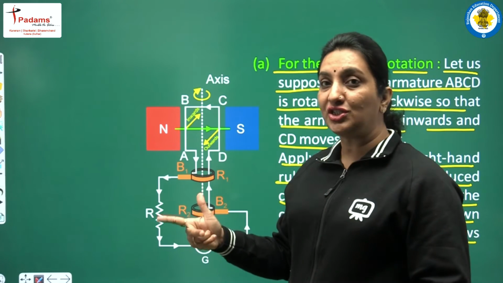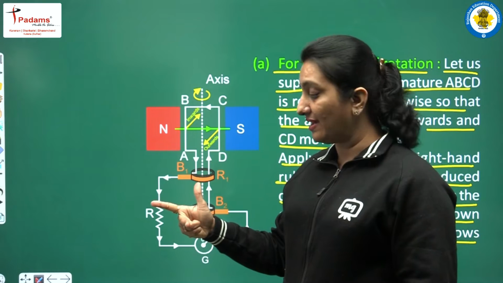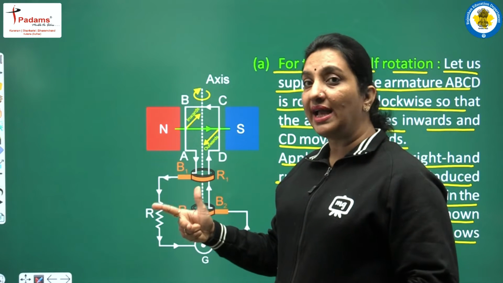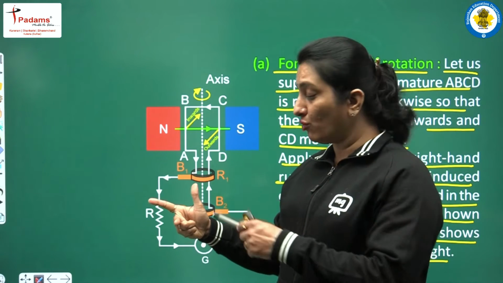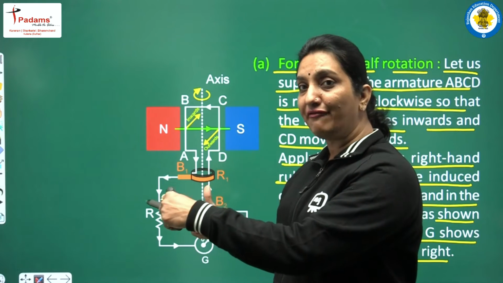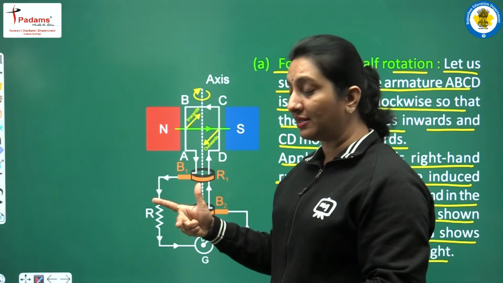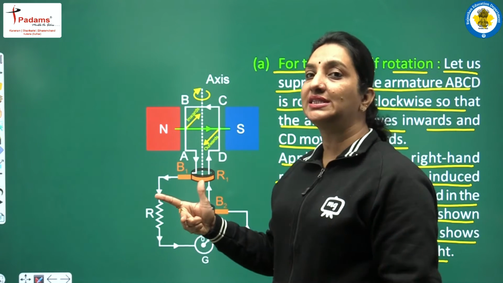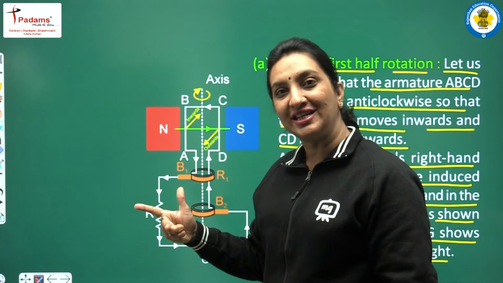If I stretch the fingers of my right hand, then as we know, the direction of motion is indicated by the thumb, the direction of magnetic field is given by the forefinger, and the middle finger gives us the direction of induced current.